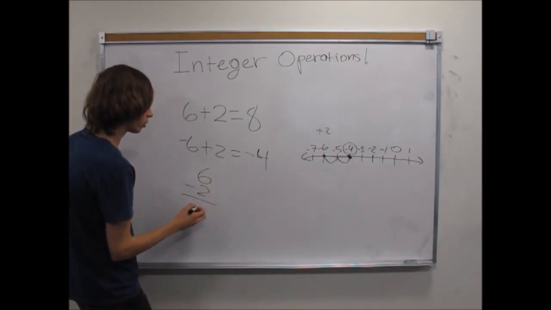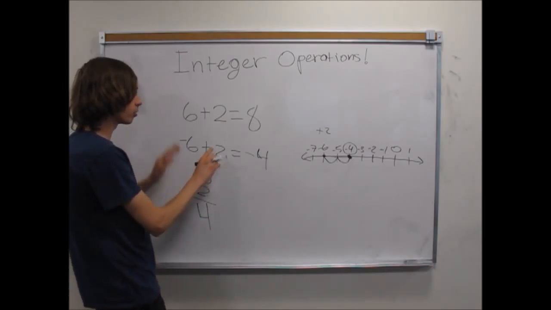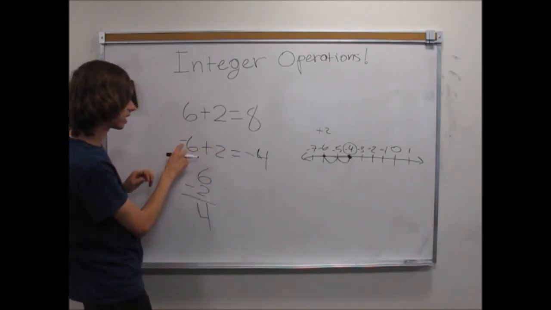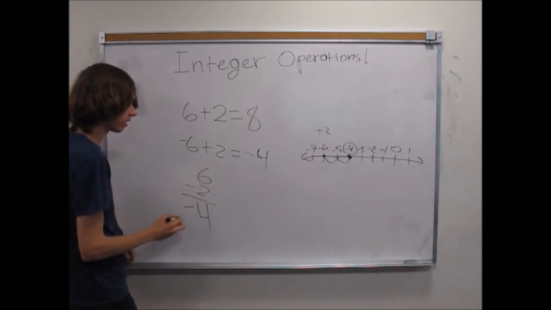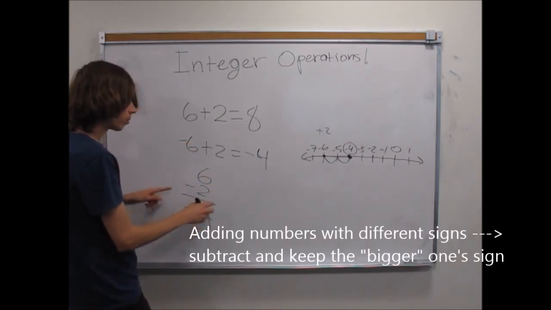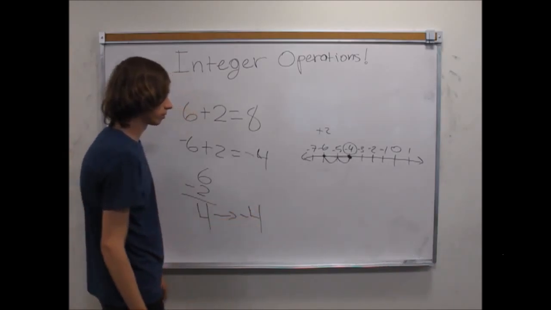And so 6 minus 2 is 4, right? But then we're going to keep the sign from whichever one was the larger one. So we said 6 was the larger one, and that had a negative on it, so we're going to keep that sign. So I know you're looking at this, okay, this says 6 minus 2 is -4, but really we just used this trick. We did 6 minus 2 is 4, and then that means that our answer is -4.